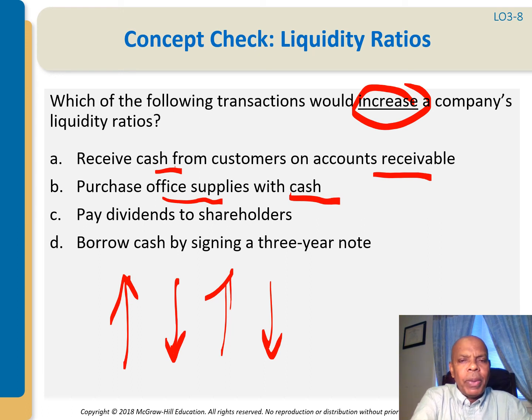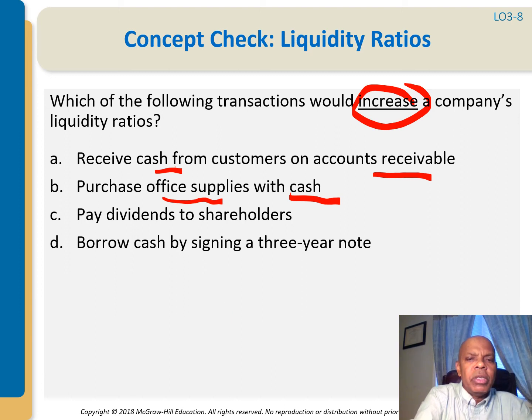When you pay dividends to shareholders, cash reduces, so current assets decrease. Unless, of course, the dividends were already recorded as a current liability, dividends payable, in which case current liabilities are also reduced. So it might not increase your liquidity ratio. We take that out too.